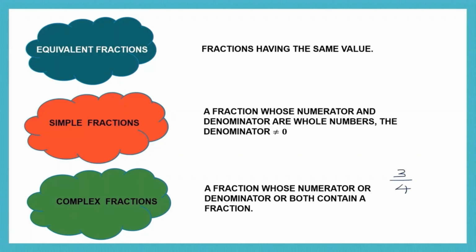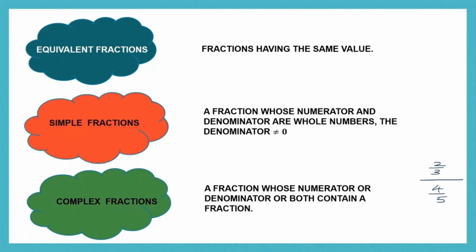The numerator is a whole number, denominator is a whole number. But if the numerator itself is a fraction, now suppose I say 2 by 3 is the numerator and the denominator is also a fraction, 4 by 5. So something like this where you have both numerator and denominator as fractions is called a complex fraction.